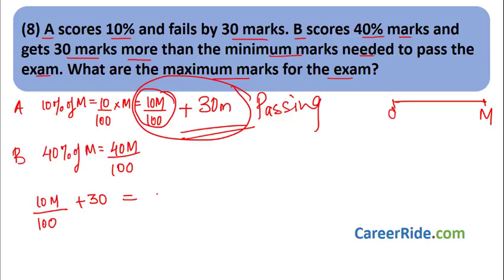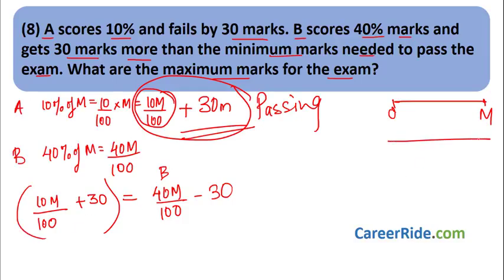And B gets 40% marks and 30 marks more than the minimum marks needed to pass. That means 30 marks more has been received by B. So if we take the score of B and we reduce 30 marks from it, B will get passing marks. Passing marks are nothing but this. Did you understand?